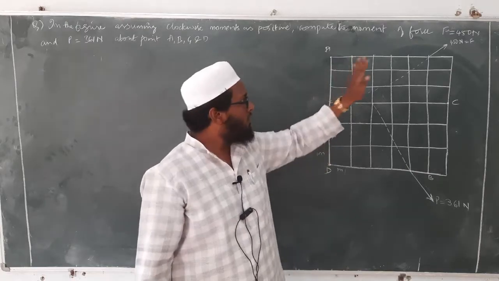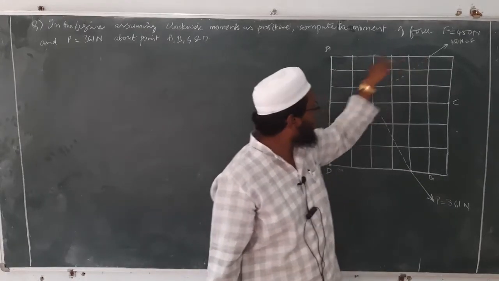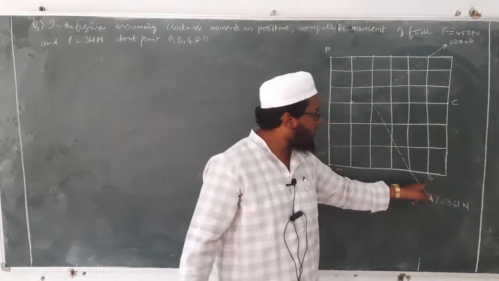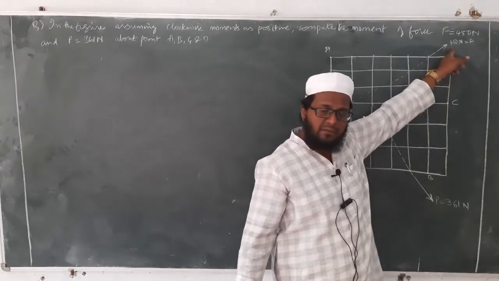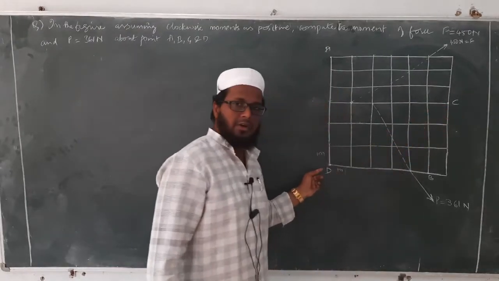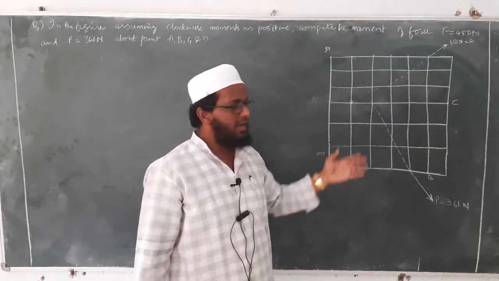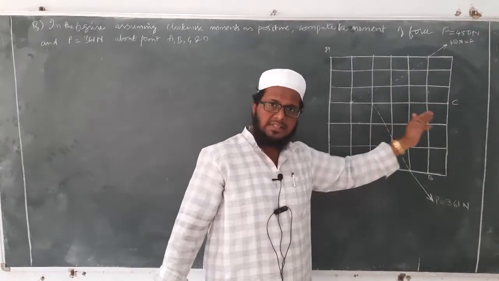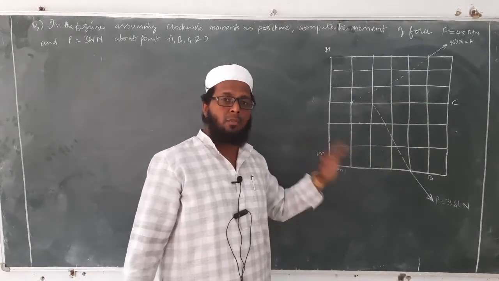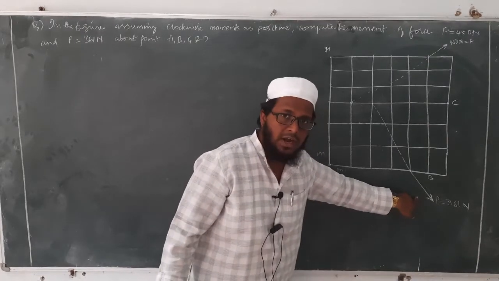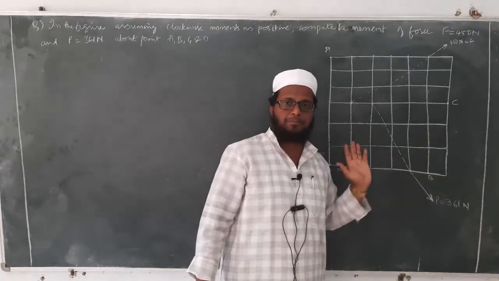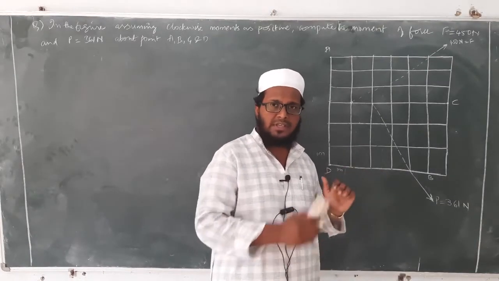So what is the effect of this force F, which is equal to 450 newtons, at this point and this point? Okay, moment at A, B, C and D. That is what we have to calculate. After that, we have to calculate moment of the other force at point A, B, C and D. Okay, one by one we will be seeing all these things.